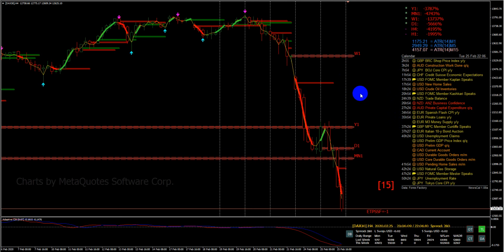Since the beginning of the week, the market was going down to retest the annual pivot point.